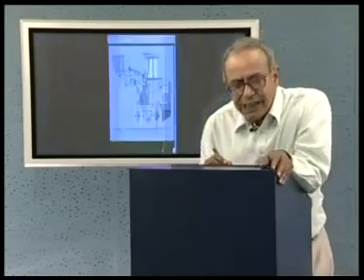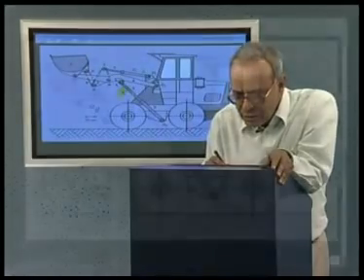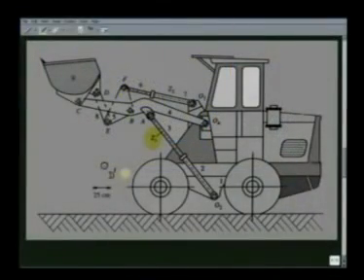Let us now discuss the problem of displacement analysis with reference to this front-end loader. As we see, there are 2 hydraulic actuators, one named Z1 and the other named Z2. Link number 1 is the body of the truck, and this hydraulic piston cylinder constitutes link 2 and link 3. There is obviously a prismatic pair between link 2 and 3, which is the piston and the cylinder.